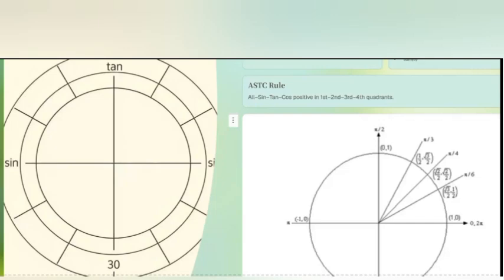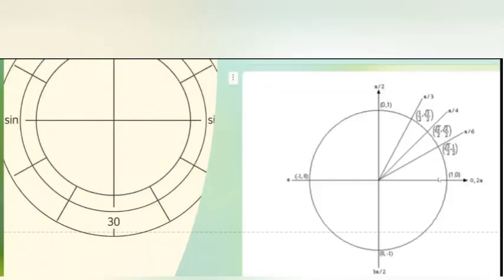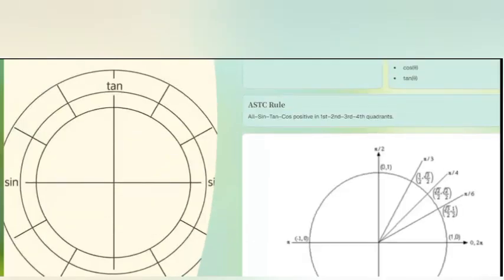But you might be required to calculate angles that are between 90 and 180, or between 180 and 270, or between 270 and 360. Now, there's a neat trick to do this, but before I get to that, let me quickly explain what this ASTC rule is all about.